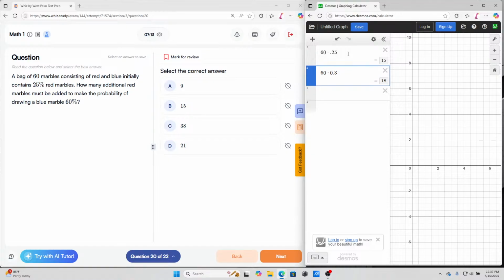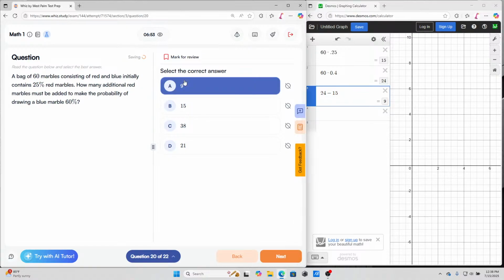It's 18. Wait, no. Right now it's 75%. If we want to make it 40%, it's 15. 24 minus 15.